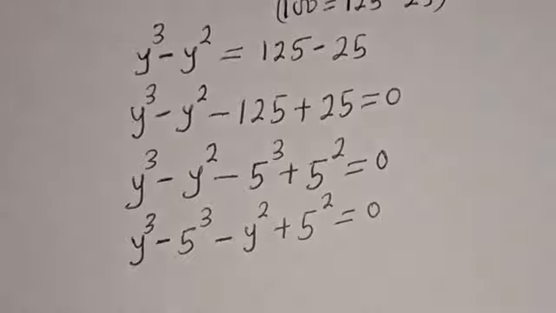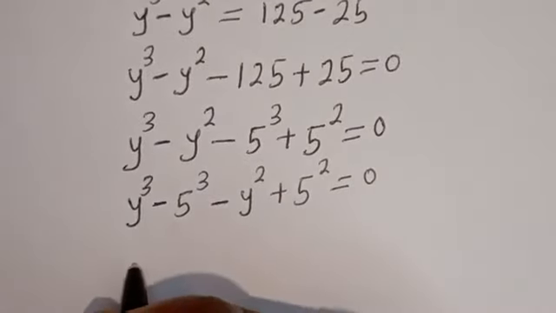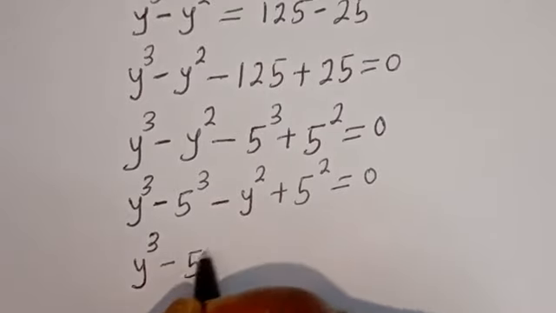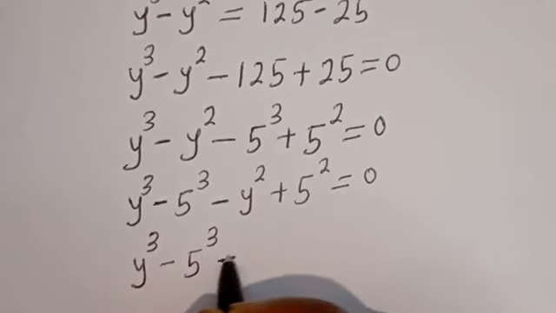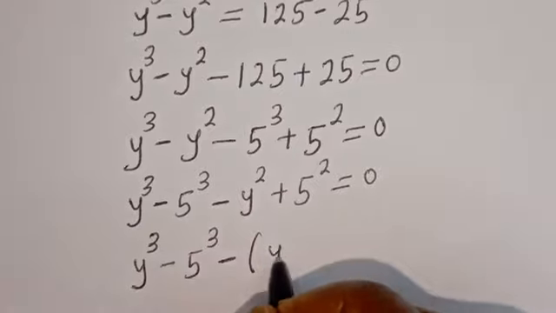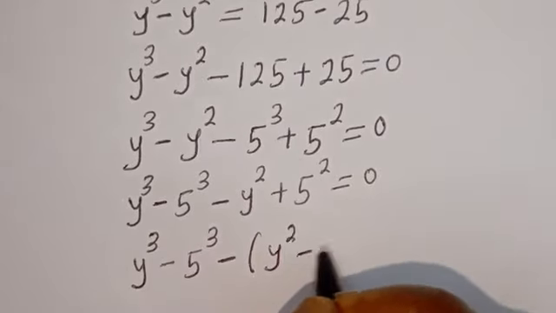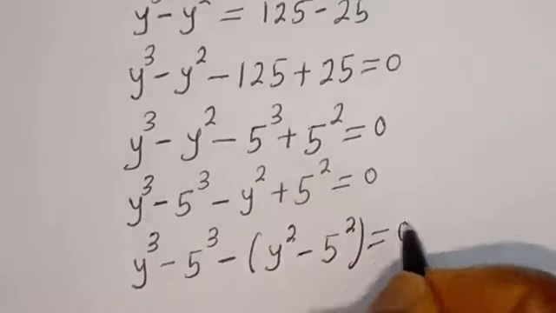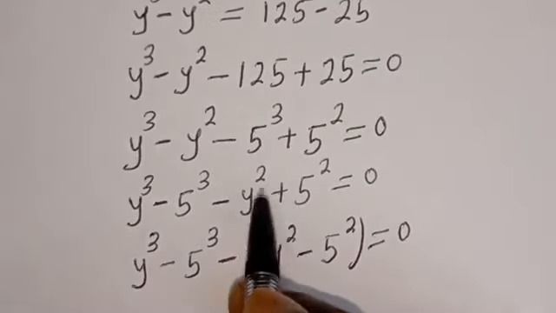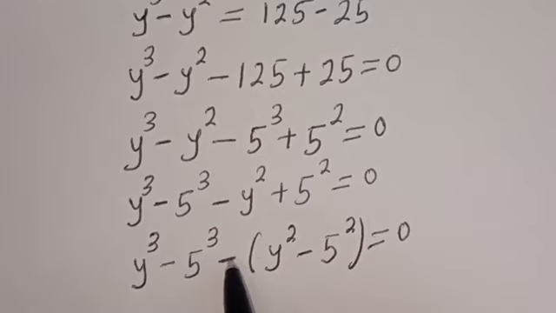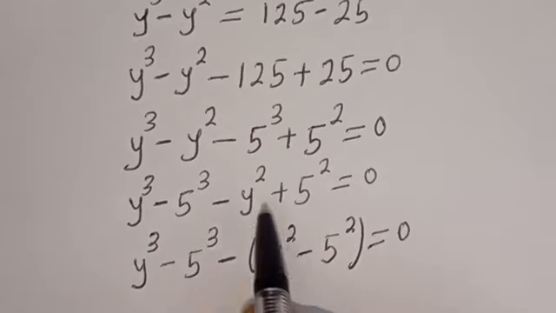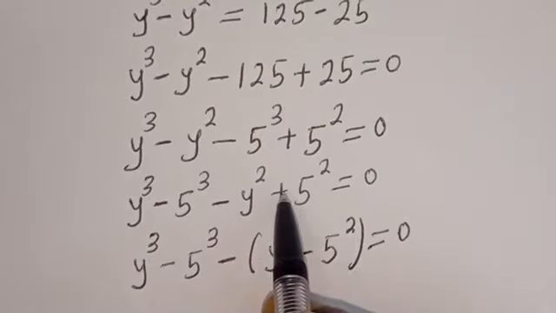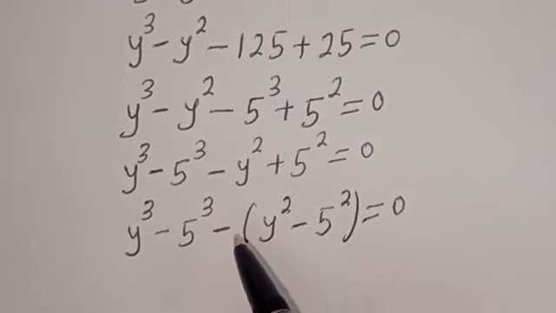So this can be written as y to the power of 3 minus 5 to the power of 3 minus, y square minus this 5 square, is equal to 0. If you open the bracket, you are going to get this back. That is minus multiplied by y square, you get minus y square, and minus multiplied by minus 5 square will give you plus 5 square back.